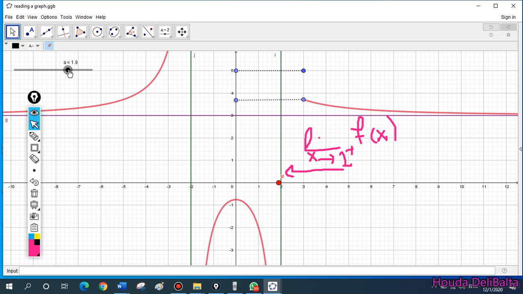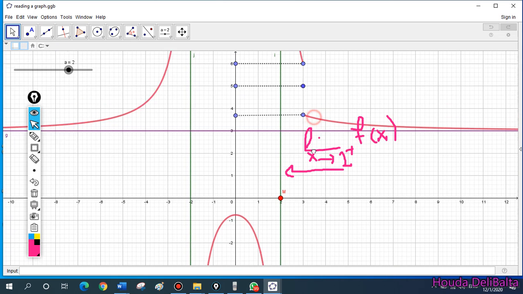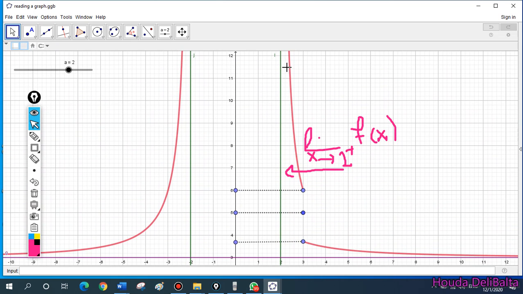Here is 2 plus, notice it is 2.1, 2.05 until it reaches 2. So that's what we mean by 2 plus. Let's see in that region what's happening to the curve. As we approach 2 from the right, the curve is going upwards. So that's to say that the limit as x tends to 2 plus of f of x is plus infinity.